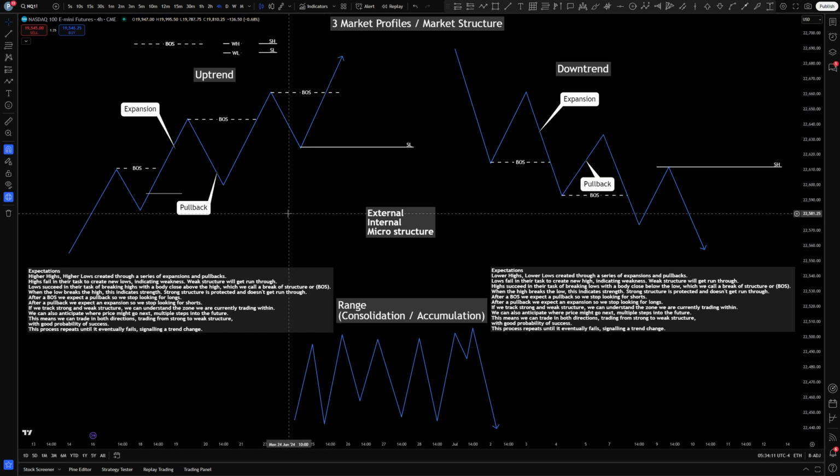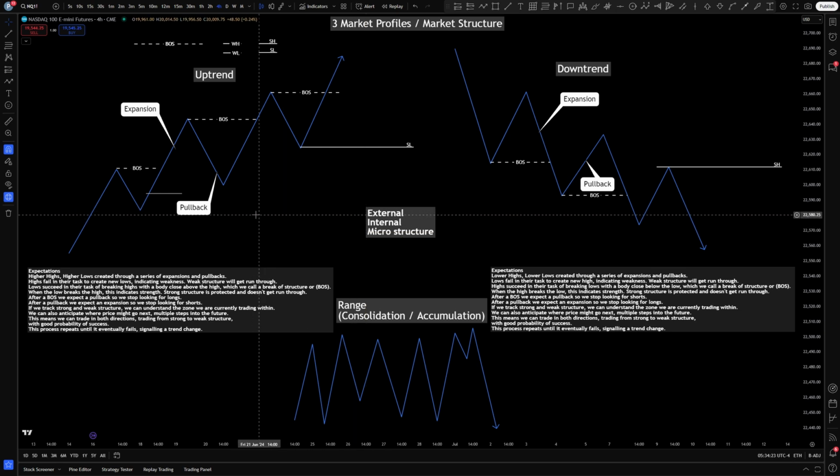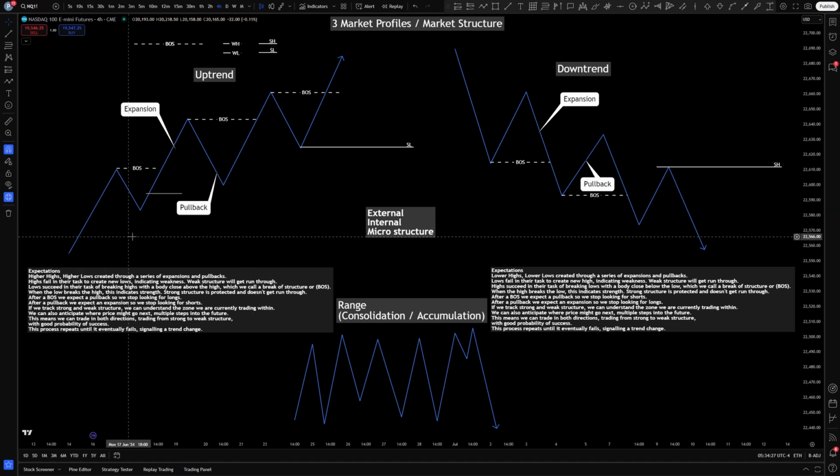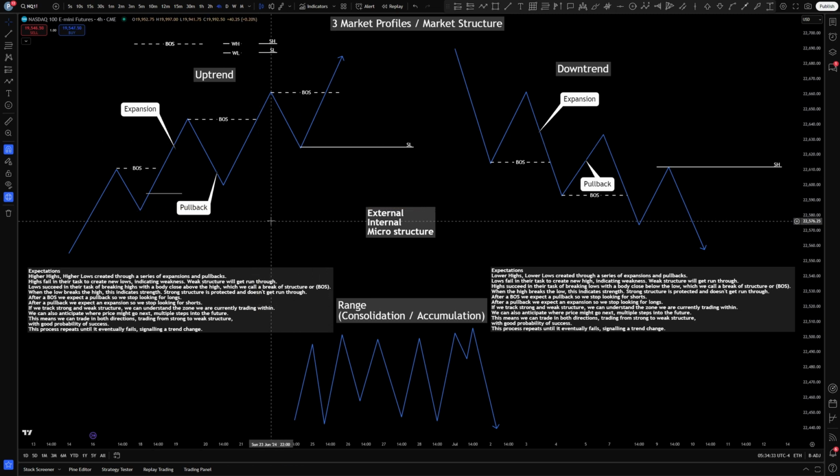You just need to know when you're going to do it based on where you are in the phases of the market. So that brings us to a quick overview of the concept of external, internal, and microstructure. We're going to come back to all of that much later. Let's imagine we're on a 4-hour chart now, or a daily chart, a bigger time frame.